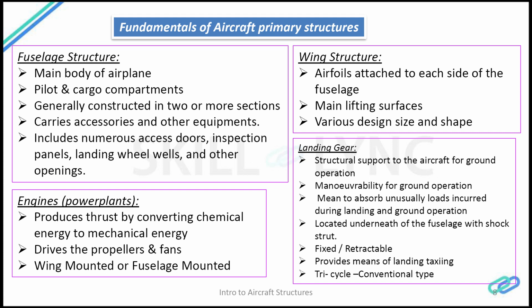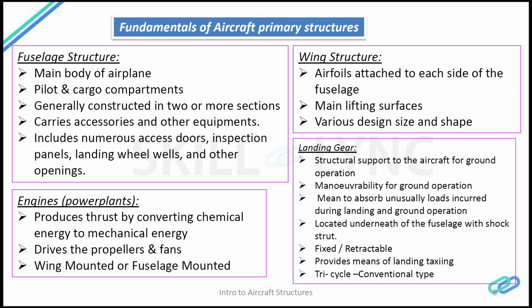Also the fuselage serves as a carrier, carrying all the accessories and associated equipment that goes into an aircraft. It also includes numerous access doors, access panels, inspection panels, and other openings.